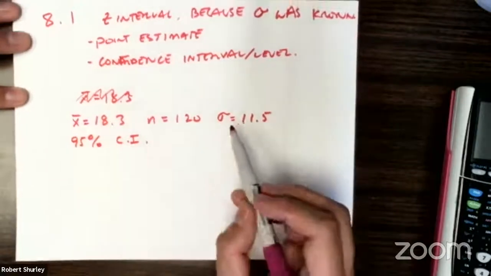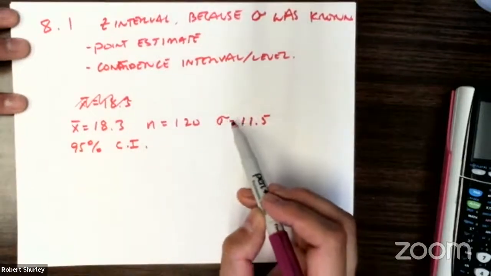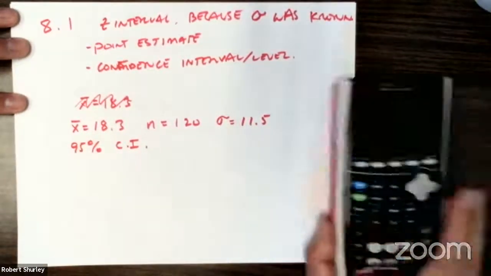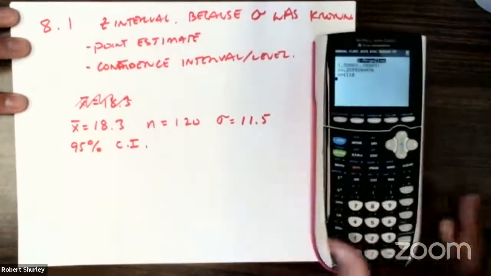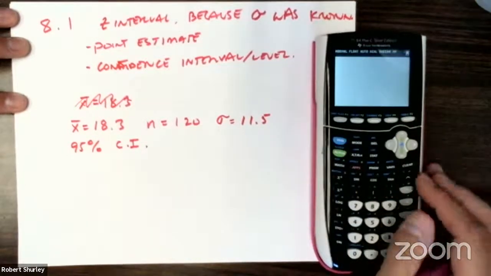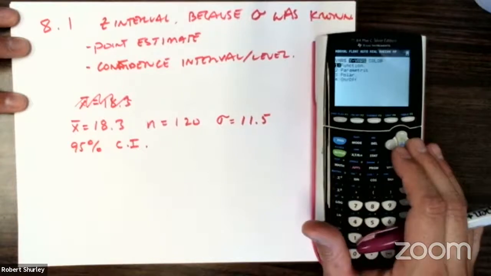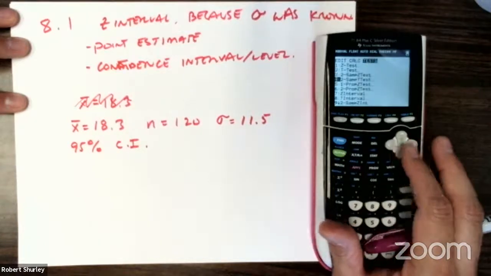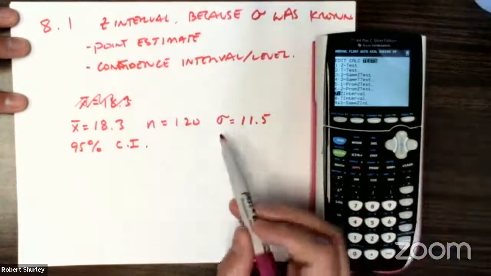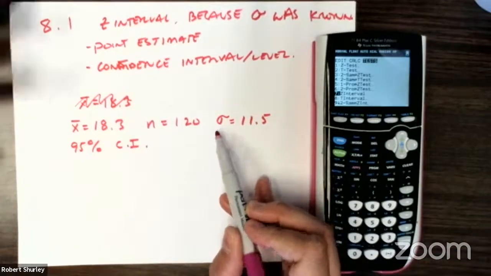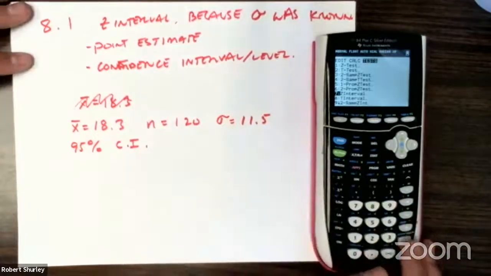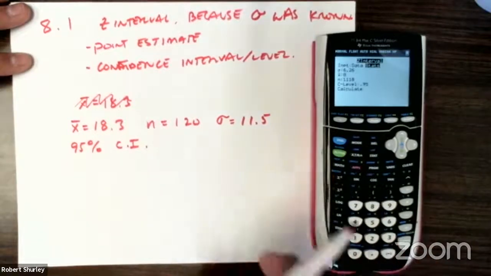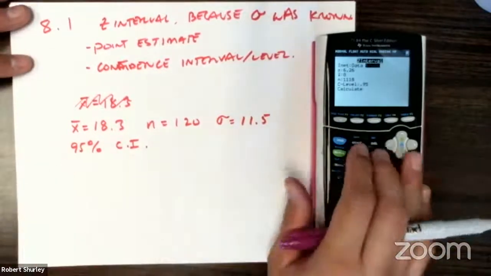Now look, and here's the thing, because we know the population standard deviation, we have to use the Z interval. Stat, tests, Z interval, right? Sigma is known, population parameter is known, so we need to use the Z interval. Now we know the stats here. I'll do one with just the data in a minute.